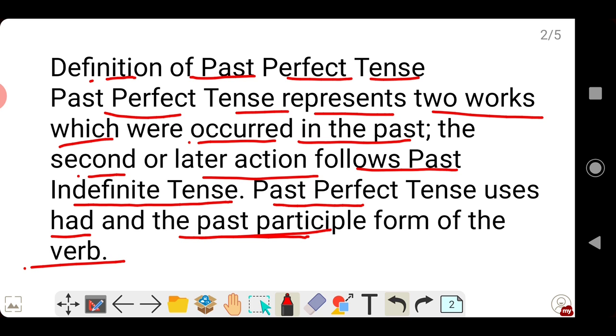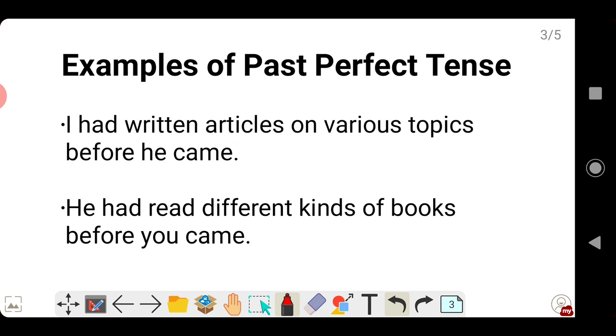So without wasting any moment, let's talk about some useful examples. The very first example that you are seeing right now: I had written articles on various topics. This is past perfect tense.